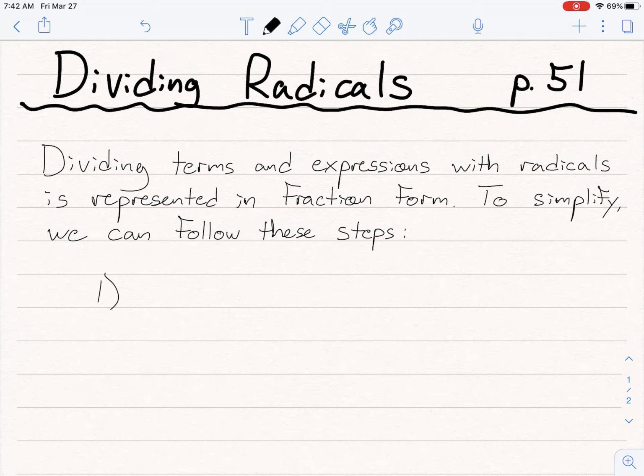The first step is that we want to simplify the fraction if possible.